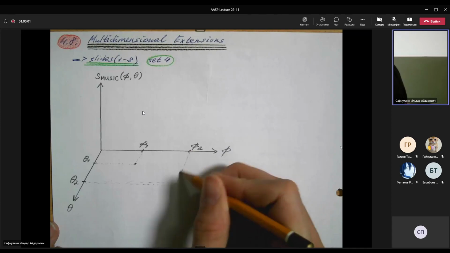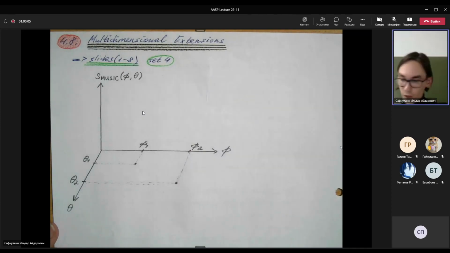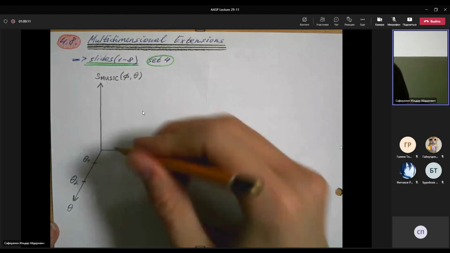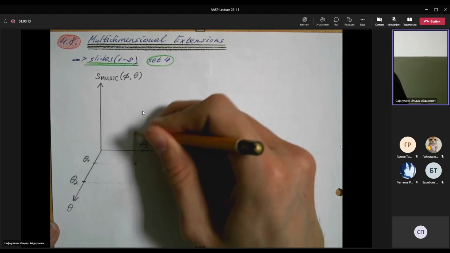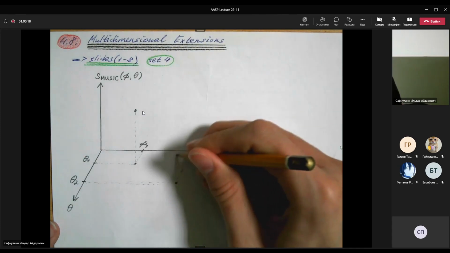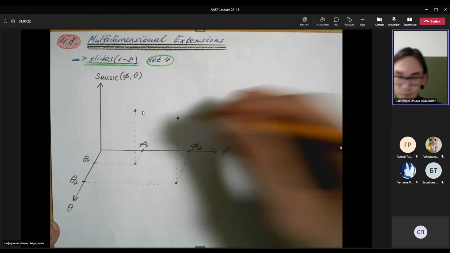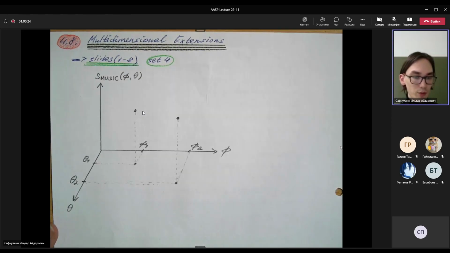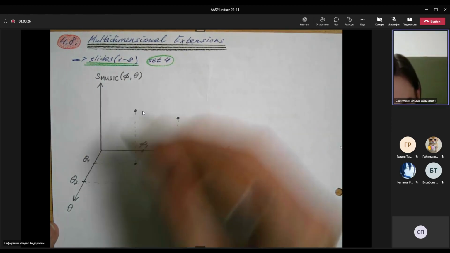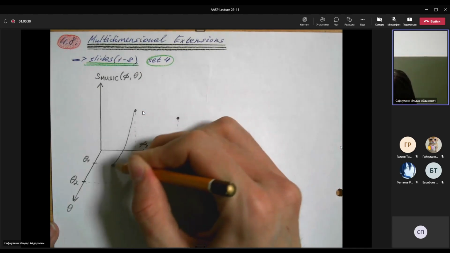In these points, we will have the maximum values. And then we need to show how it goes, like this.